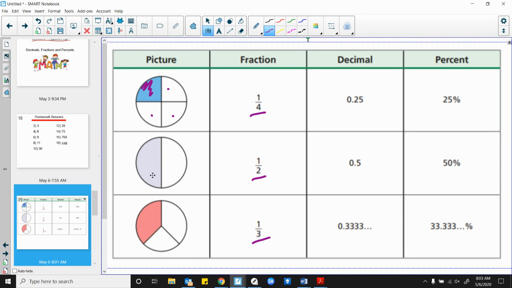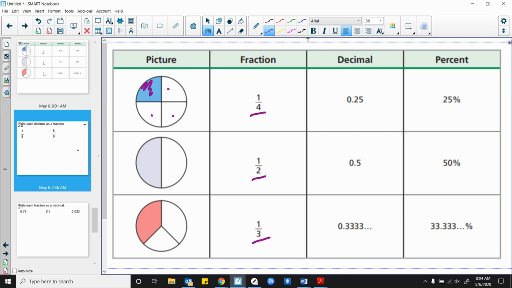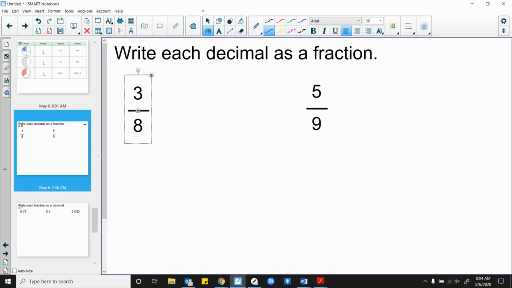Or here, one of the two total is shaded. Or here, one of the three total is shaded. I just wanted to explain that, because I feel like sometimes what fractions mean gets swept under the rug.